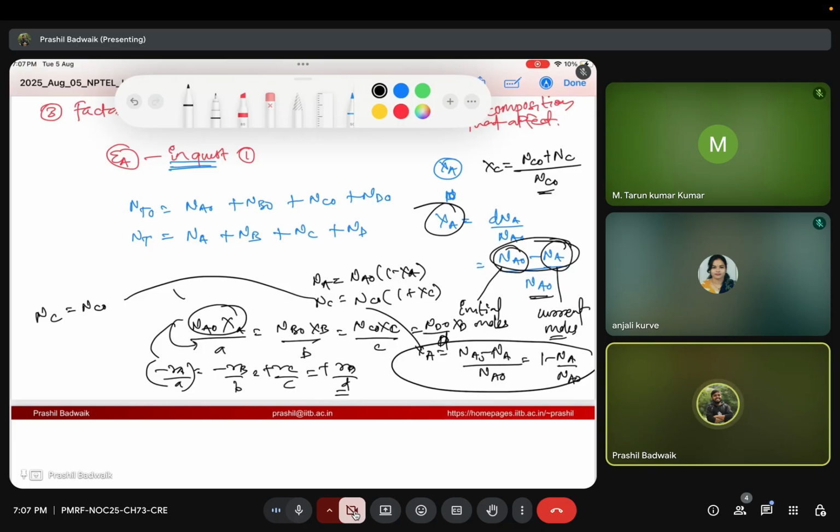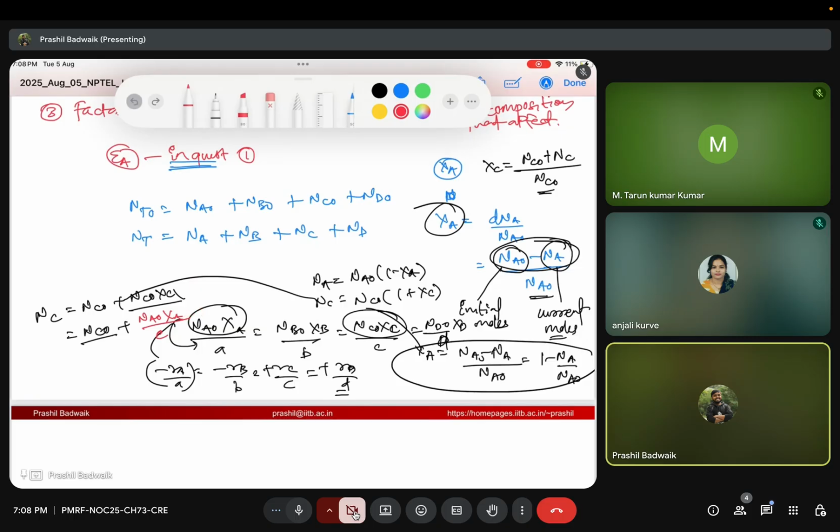So now using this formula you can write nc is equal to nc naught plus nc naught xc, and nc naught xc is this, so nc is equal to nc naught plus na naught xa divided by a, multiplied by c.